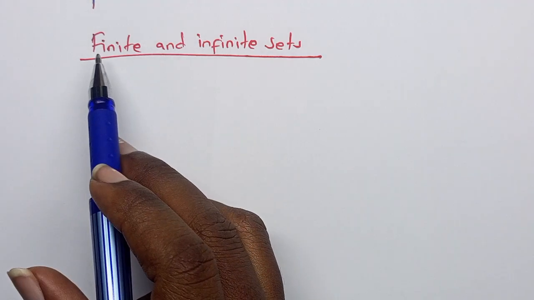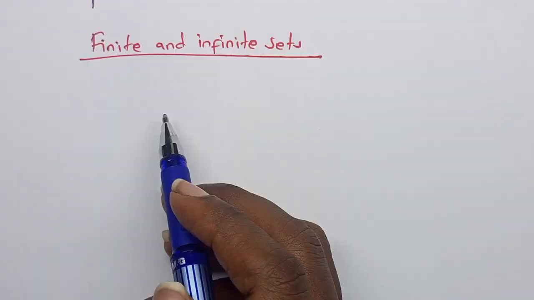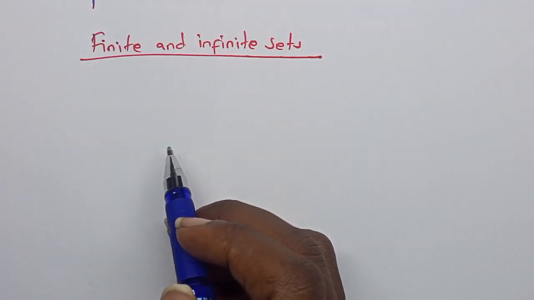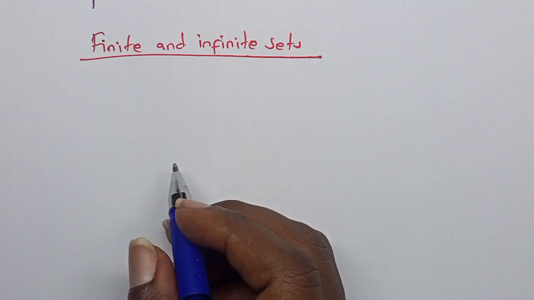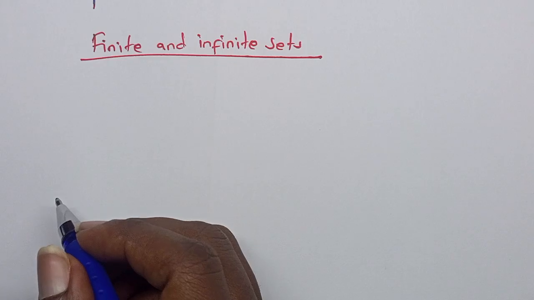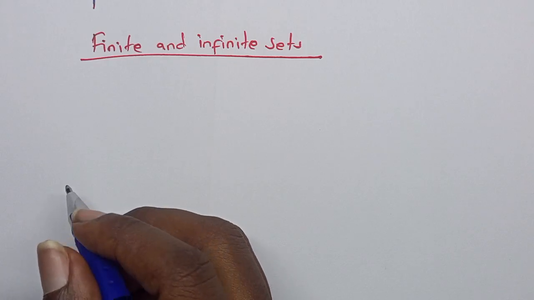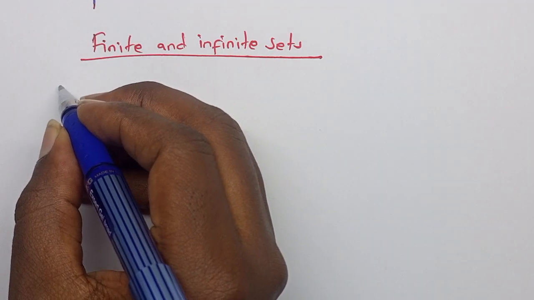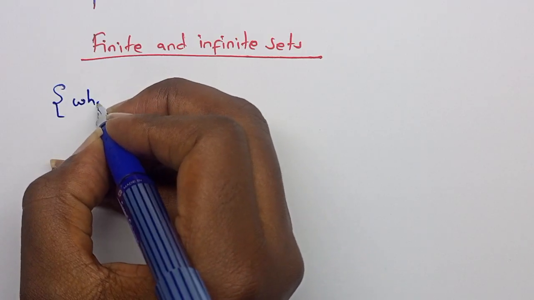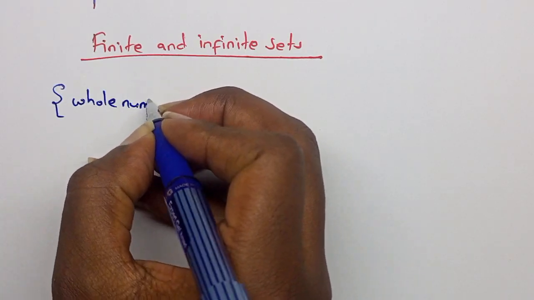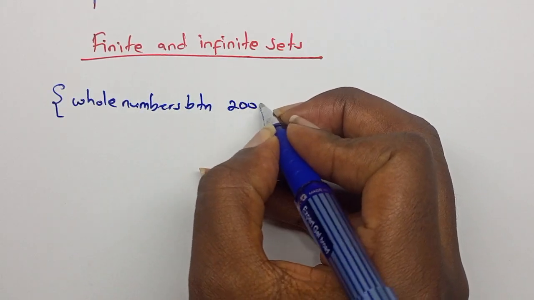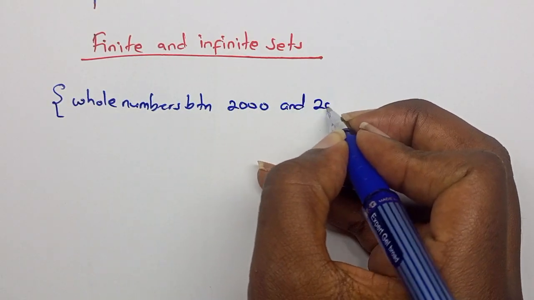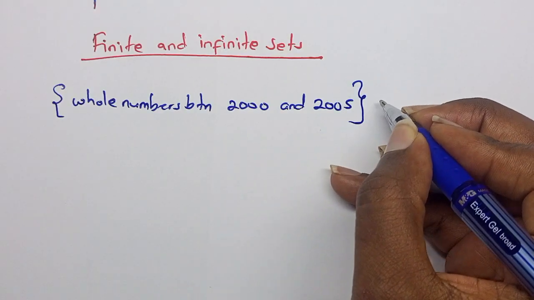Now we have what we call finite and infinite sets. All the ones we have looked at are finite sets, meaning that we can list all the elements in those sets. For example, a set of whole numbers between 2000 and 2005 can be listed.